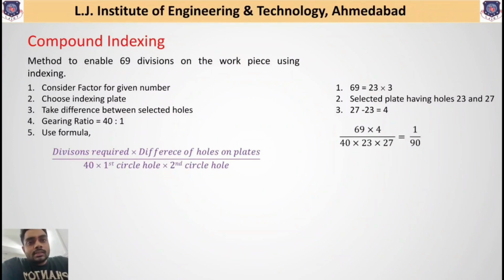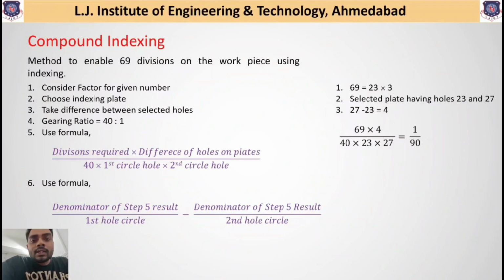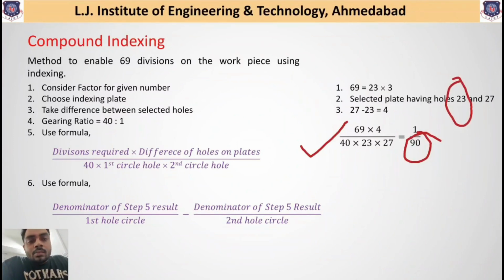So moving towards our next step, use the simple formula. Again you need to memorize this formula to solve the example of this compound indexing. So the formula is, use the denominator of step 5 result, and as you can see over here in step 5 the denominator obtained is 90, and that is divided by first hole circle, that is nothing but the 23, minus.